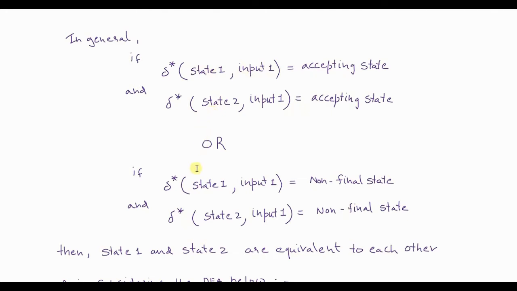This result may also be stated this way. Suppose now, same thing, the extended transition function from state 1 on reading input 1 finally takes you to a non-final state, and state 2 on reading the same input as state 1 also takes you to one of the non-final states.